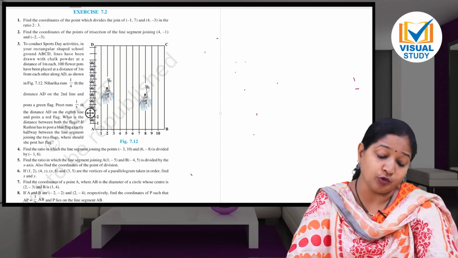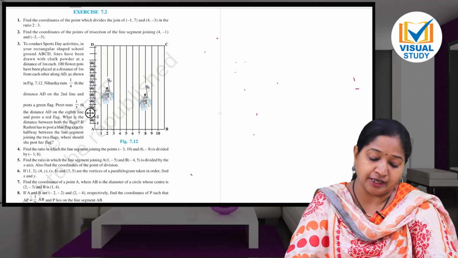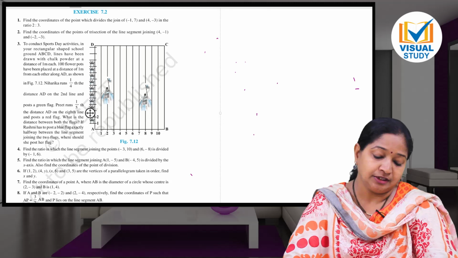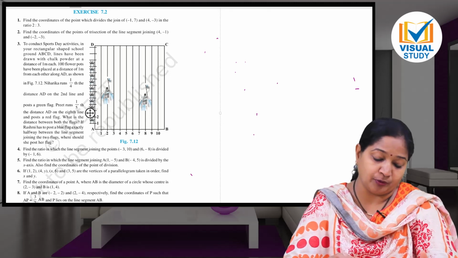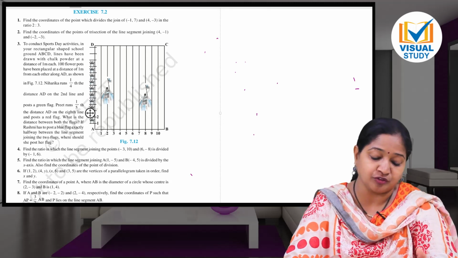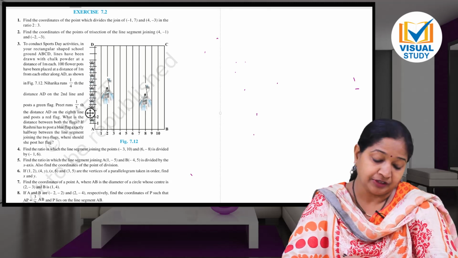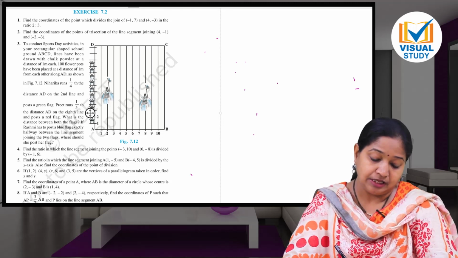To conduct a sport activity in your rectangular shaped school ground, that is A, B, C, D, rectangular shaped ground, lines have been drawn with chalk powder at a distance of 1 meter each. 100 flower plants have been placed at a distance of 1 meter from each other along AD, as shown in the figure.